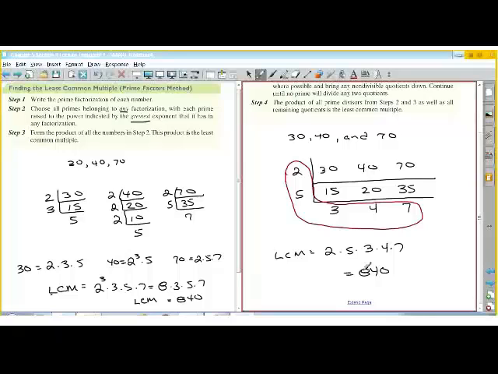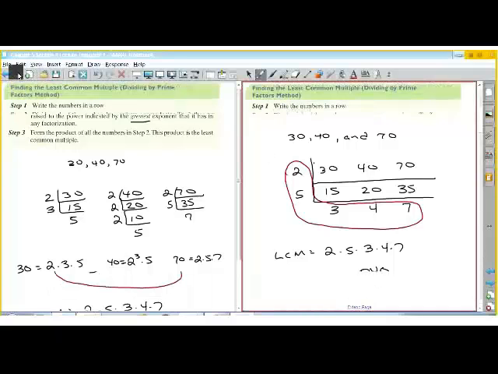So it does work. So that's the easy case where you can divide them all by the same prime numbers, and then you end up without any common factor, and you just do the whole thing instead of just this part. You can see if I multiply these two together, I'd get 10, which would be the greatest common factor between these three. But I'm finding the least common multiple, so I'm doing that.